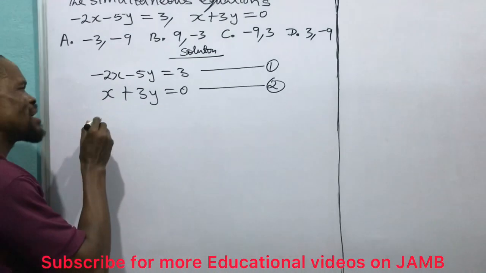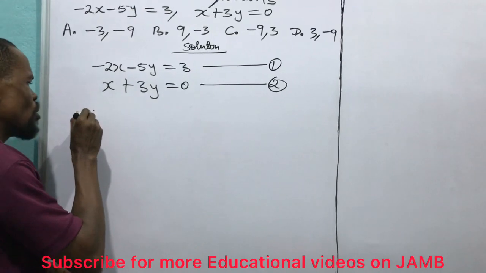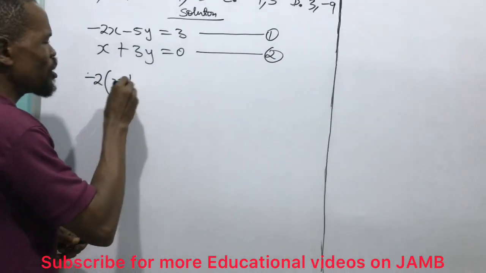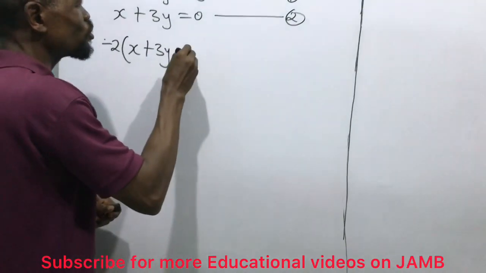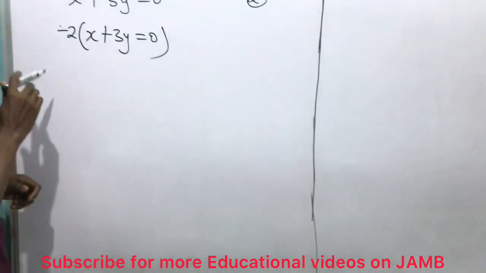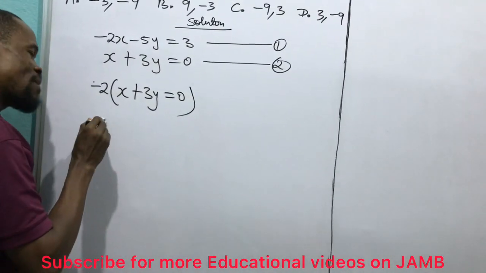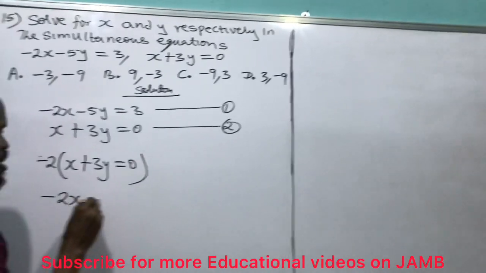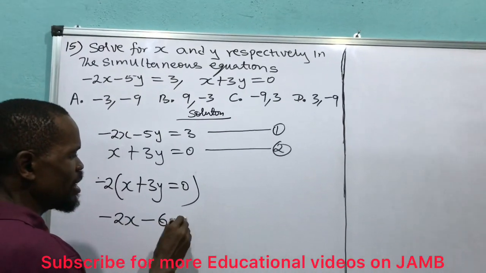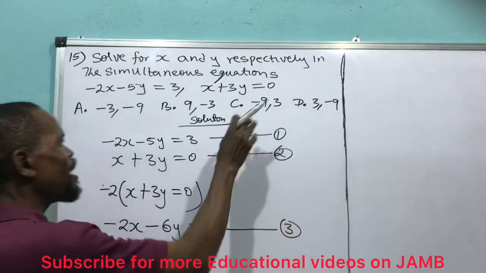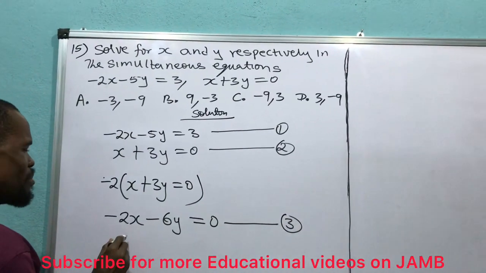When I do that, I will have minus 2 into x plus 3y equals to 0, because this minus 2 is the coefficient of x in equation 1, and I will have minus 2x minus 6y equals to 0. I will call it equation 3. Then I'm going to carry equation 1 back here.